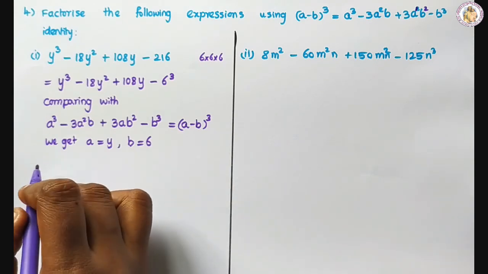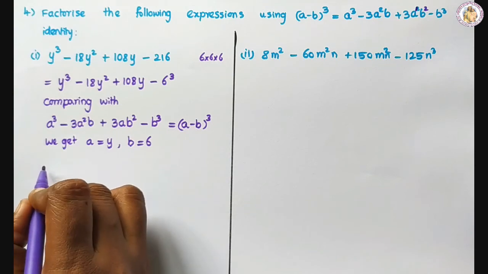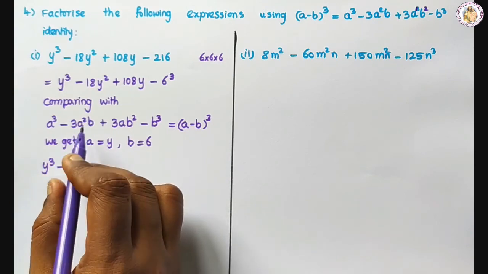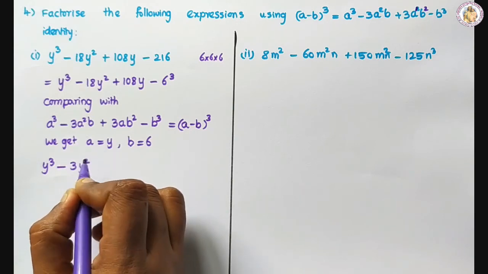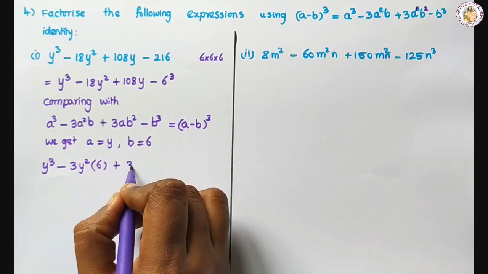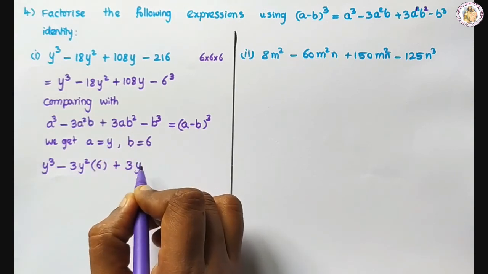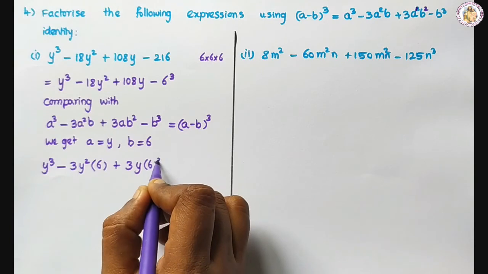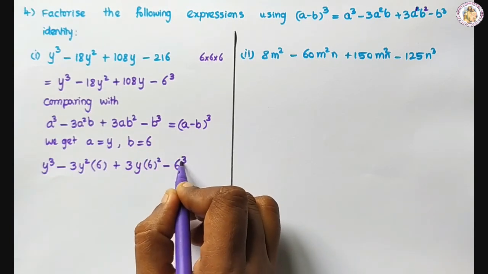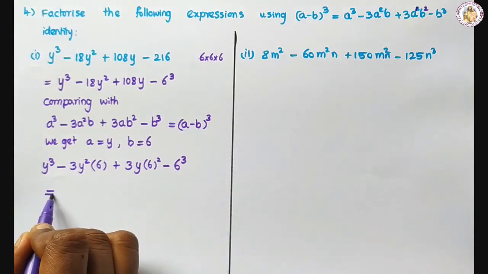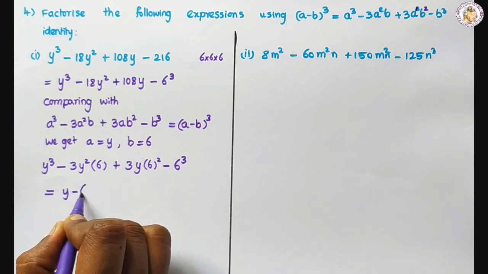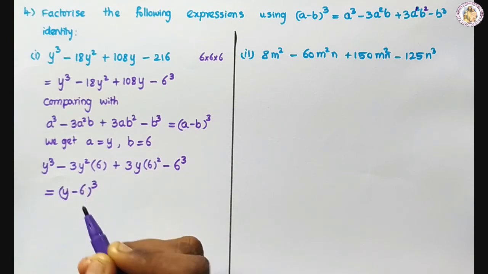Now write down the expressions fully. A cube, that is y cube, minus 3 into a squared, y squared, into b, that is 6, plus 3 into a, that is y, into b squared, 6 squared, minus b cube, that is 6 cube, that is equal to what? (a minus b) whole cube, that is (y minus 6) whole cube.